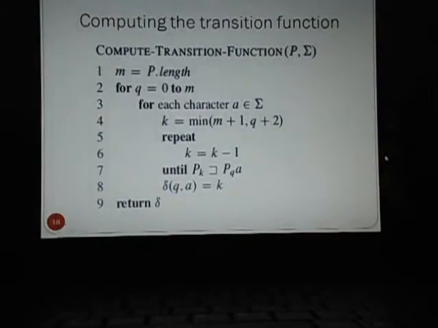For each character a belonging to sigma, that is the accepted inputs, k equals the minimum of m plus 1 comma q plus 2, and then this loop is repeated with k equal to k minus 1 until pk becomes a suffix of pqa, and then delta of q comma a equals k. Then return the function delta.